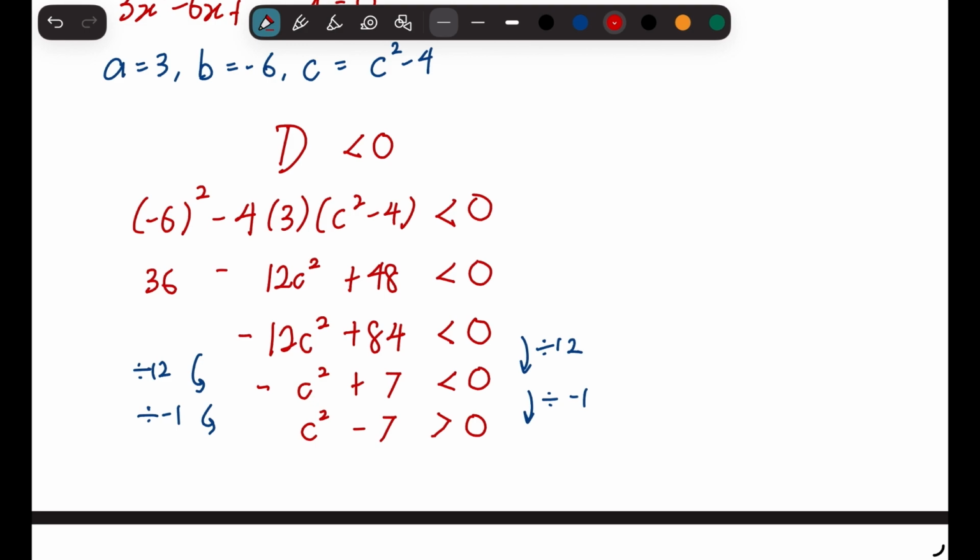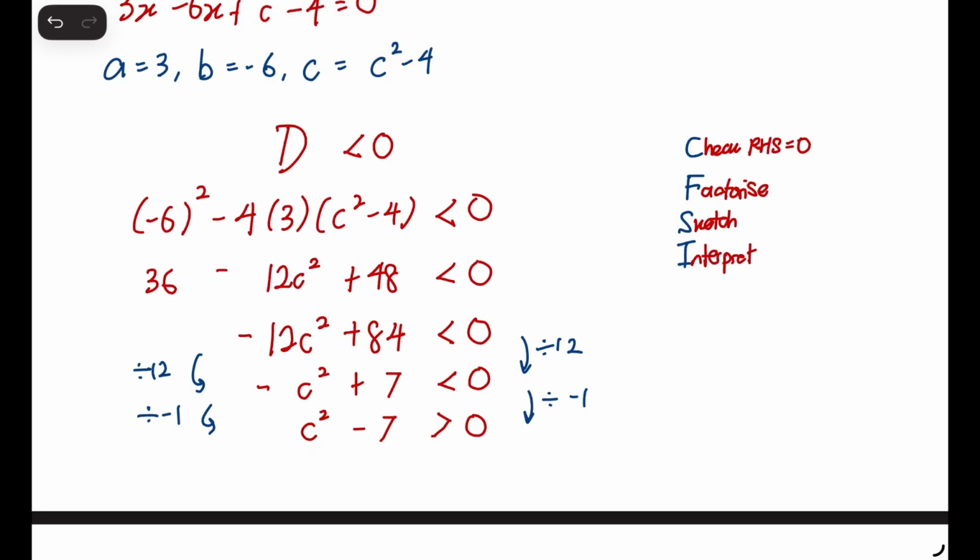Okay, and then we can now go back to the steps of solving quadratic inequalities. CFSI. First step, check the right hand side is equal to 0. Done. Next step, factorize this quadratic expression before we sketch and interpret. How do we factorize this? Because you are A-math students, you have learned c squared minus 7 is the same as a squared minus b squared.